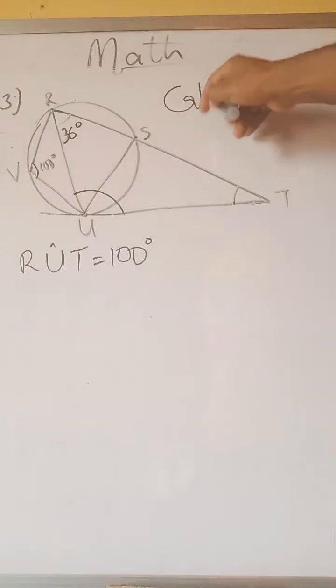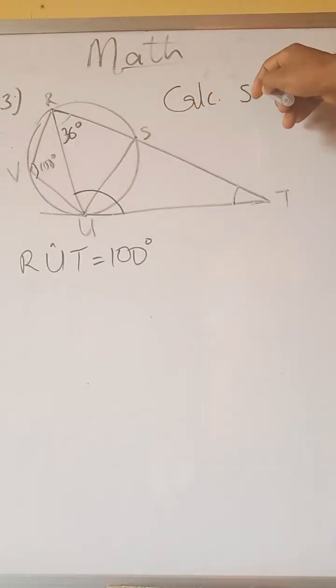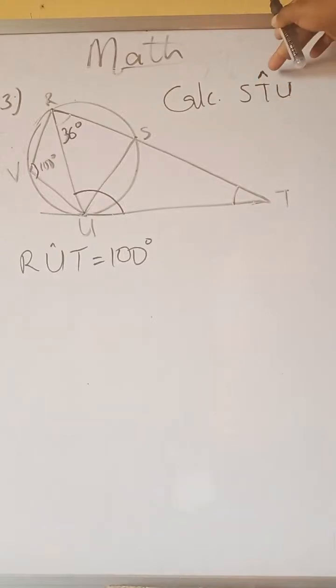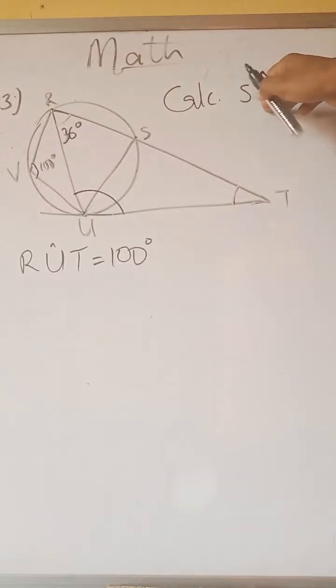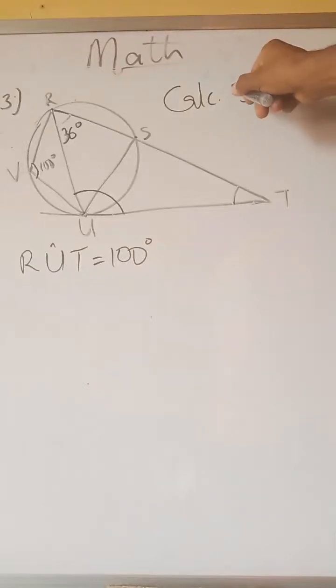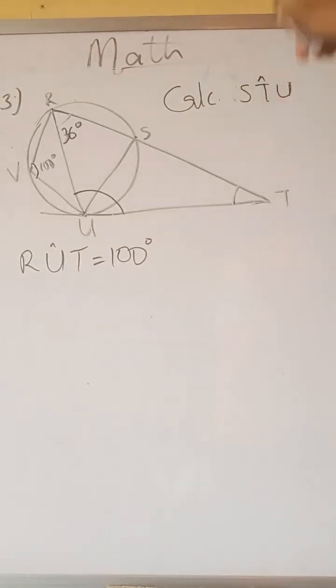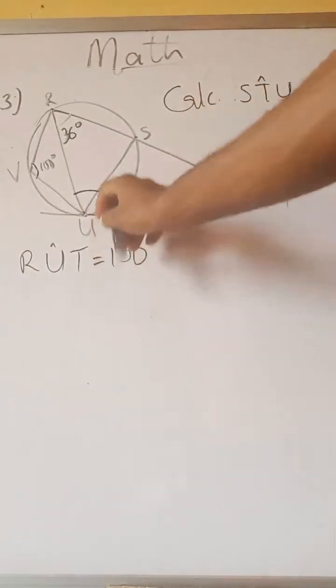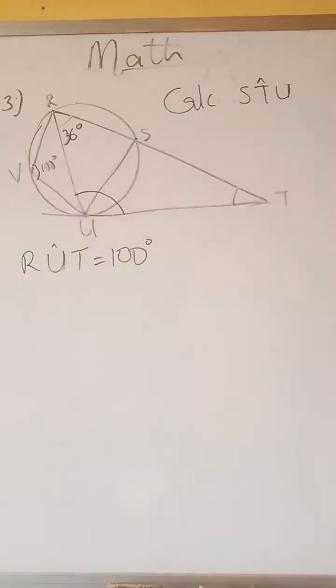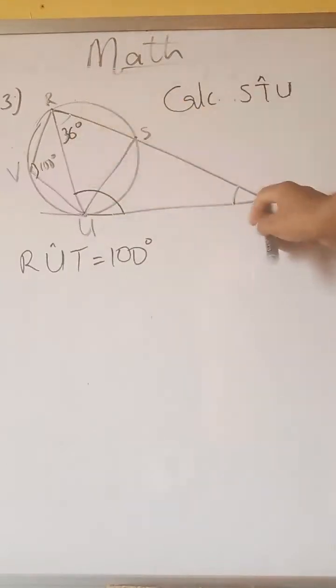So we want to calculate angle STU. You want to put the mark above the letter in between, or you can just put it this way. So I would leave it like this. Now you have your 100 as angle RUT.